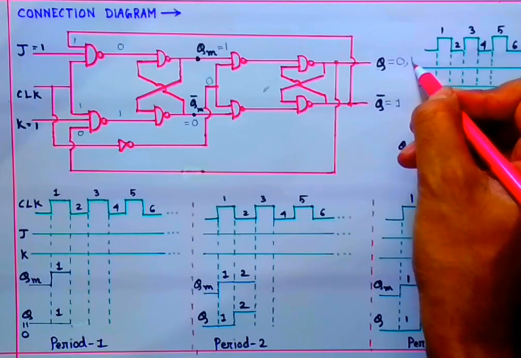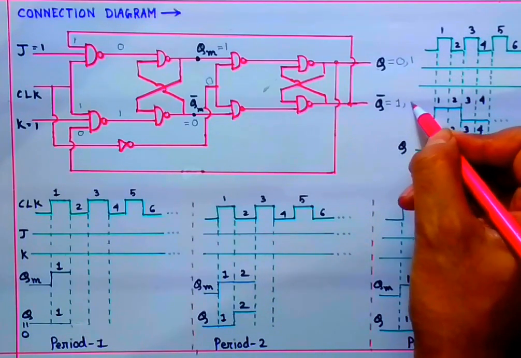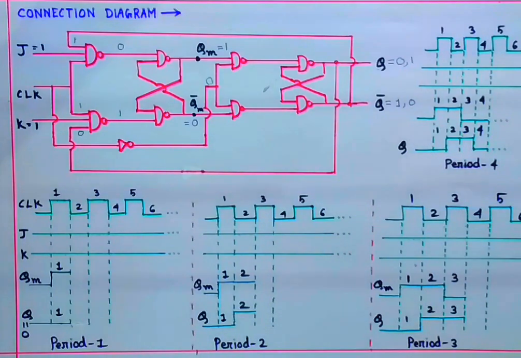That means now the output will be 1 and 0. So Q will jump to 1 from 0. That means at period 2 the value of Q will be 1.